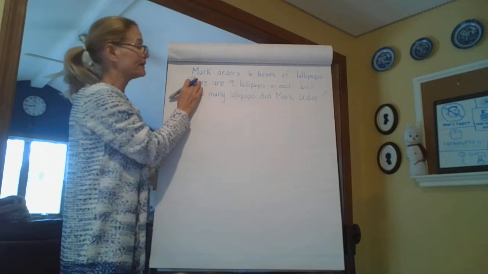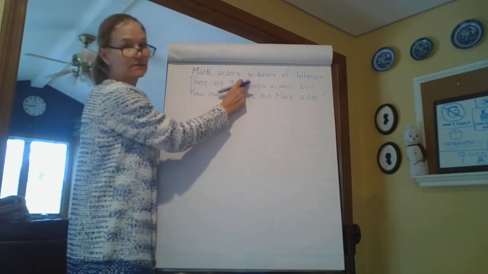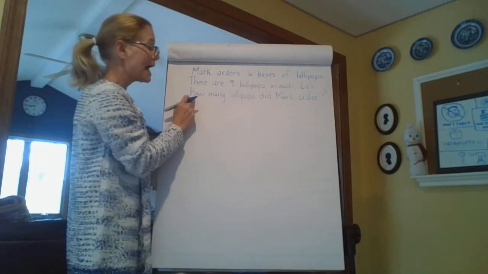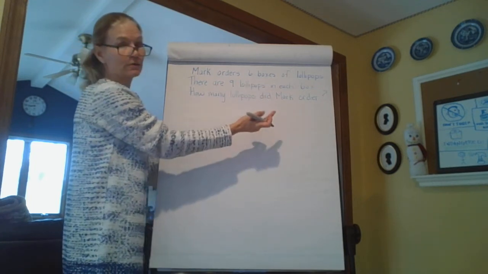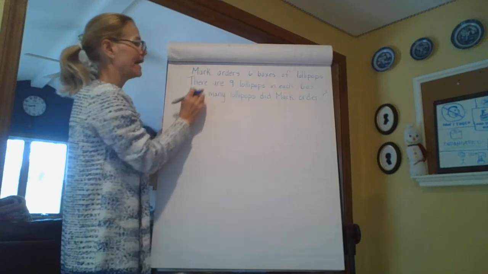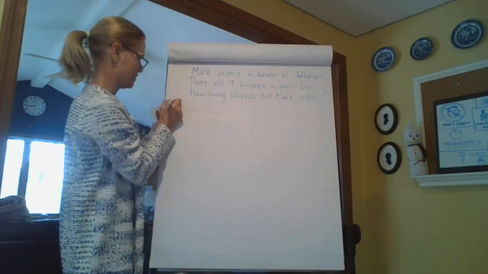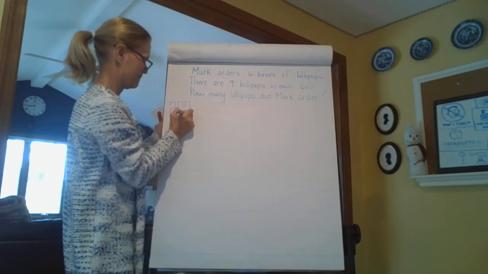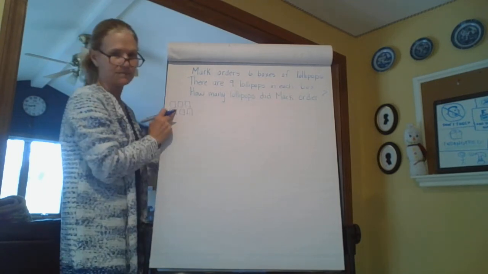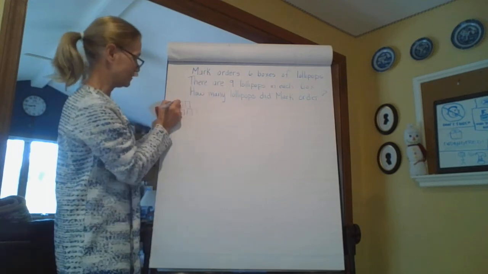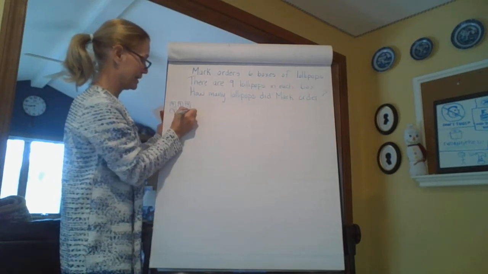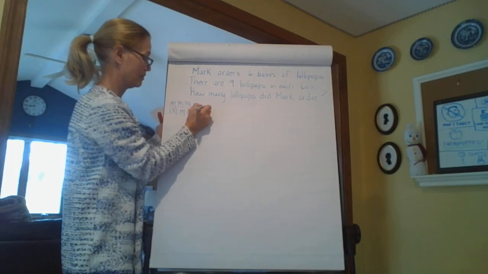So if I take a look at this, Mark orders 6 boxes of lollipops. There are 9 lollipops in each box. How many lollipops did Mark order? Well, I can think in my head, 6 boxes. Here we go. 1, 2, 3, 4, 5, 6. I have 6 boxes. There were 9 in each. 9 here, 9 here, 9 here. This is now showing equal groups.